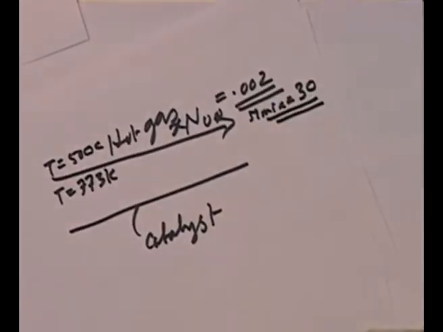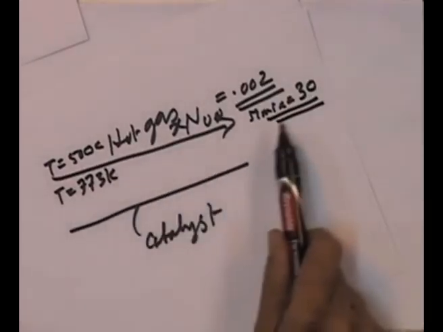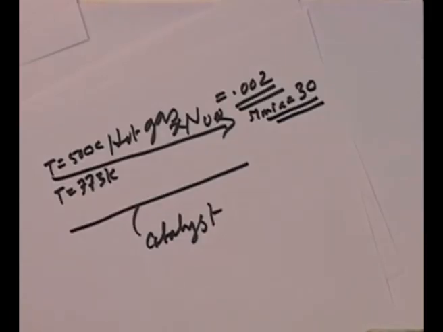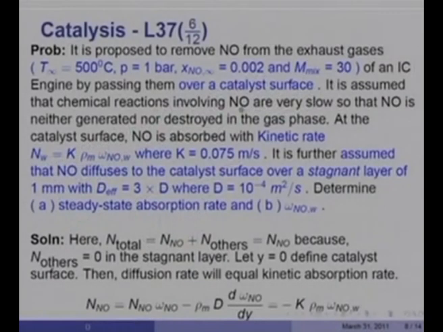Now, although the gases are moving, I am going to make a few assumptions in order to render the problem tractable in a very simple way. It is assumed that chemical reactions involving NO are very, very slow at 500 degrees centigrade.